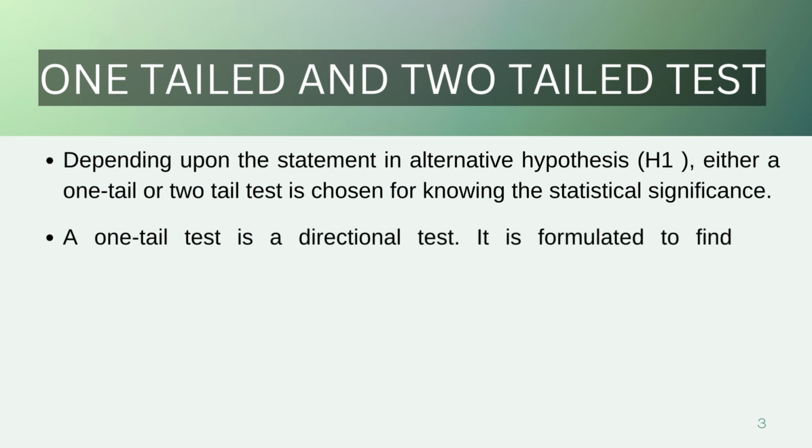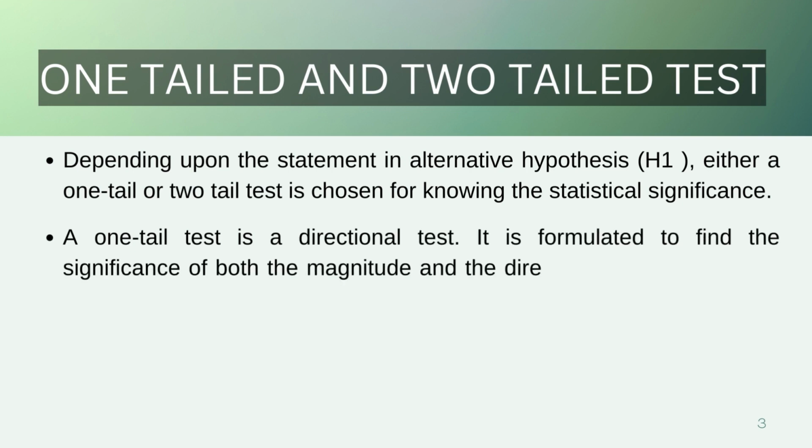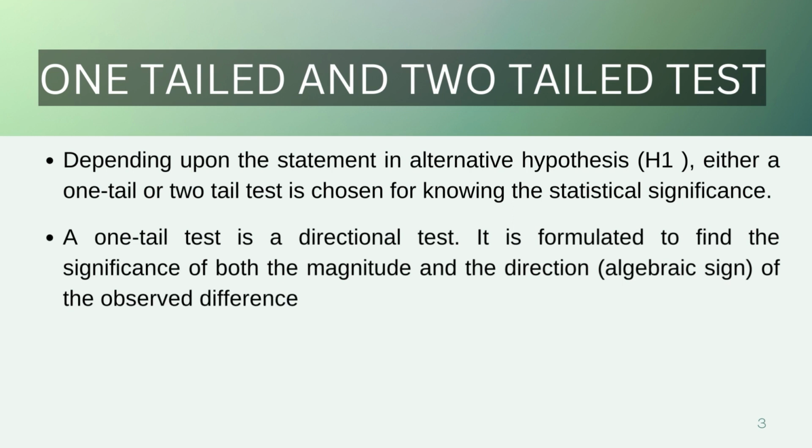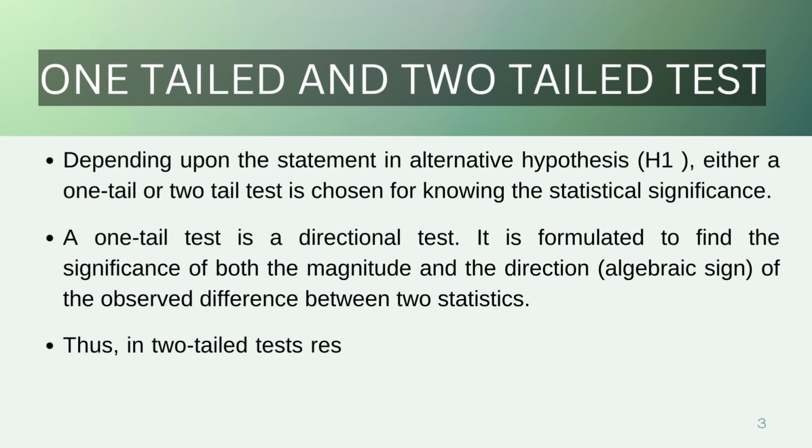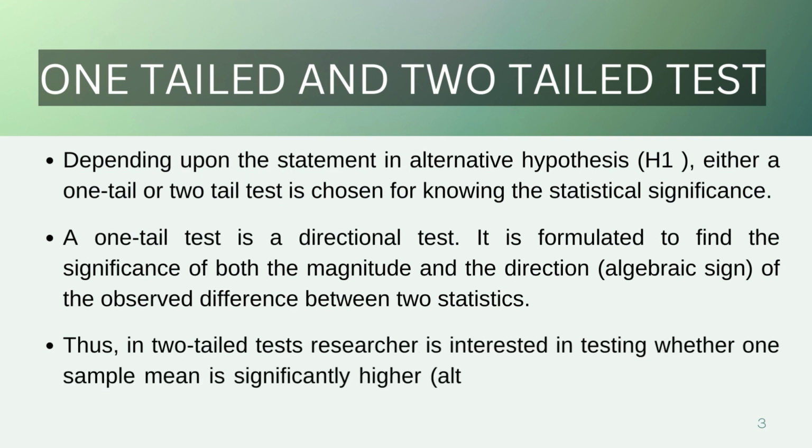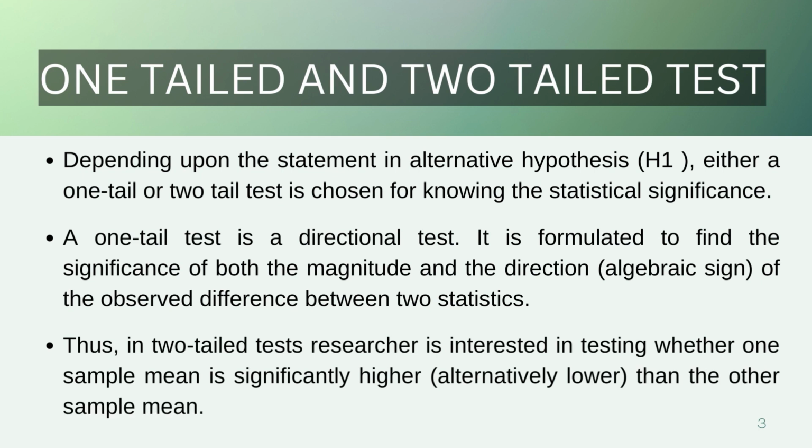One-tail test is also known as directional test. It is formulated to find the significance of both the magnitude and the direction of the observed difference between two statistics. Whereas in two-tail test, the researcher is interested in testing whether one sample mean is significantly higher than the other sample.